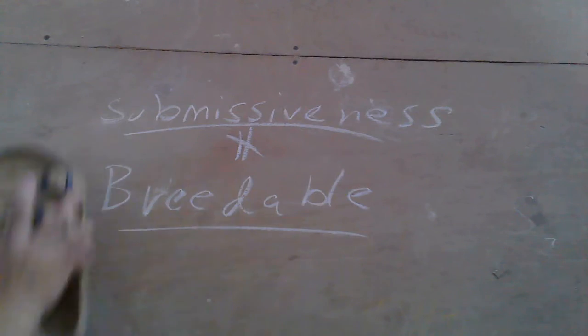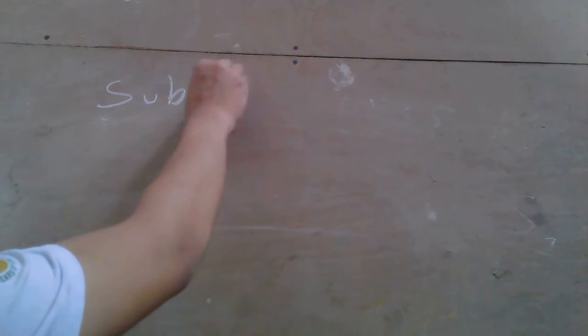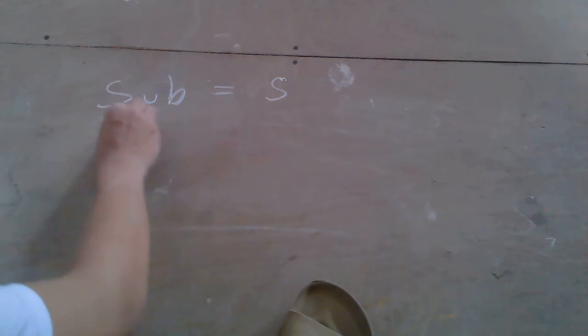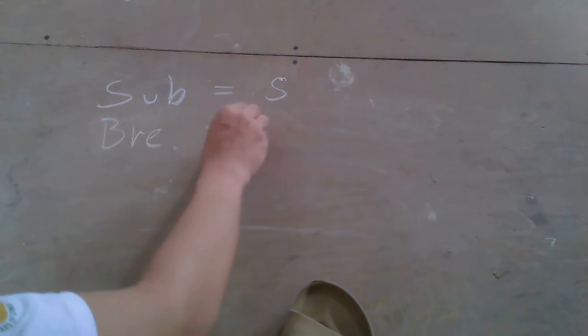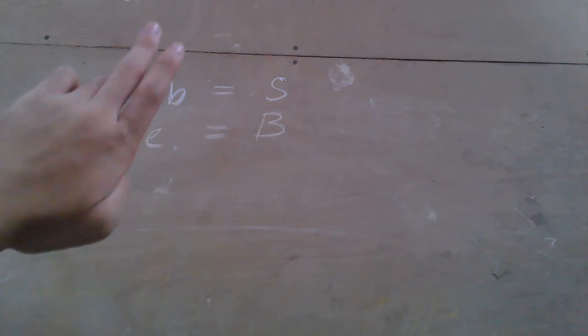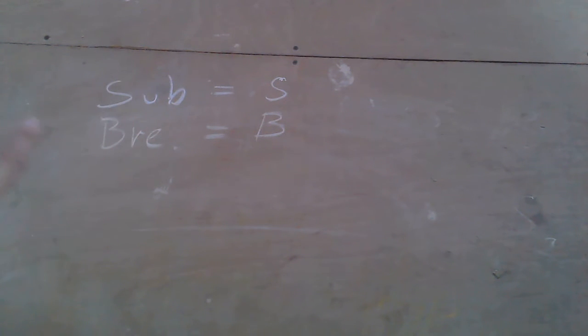Now, since we have defined this, let me make a small diversion, a small connection to the previous lecture. If we take submissiveness to be a set A, or I'm just going to use S, and breedability to be equal to B, then these two have qualities that would prove that they contain a Bussy set.